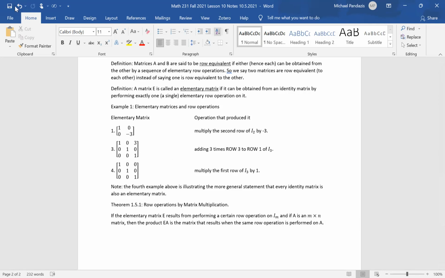Okay, now I want to look at something else. So now let's talk about example 3. Example 3 is row operations and inverse row operations.